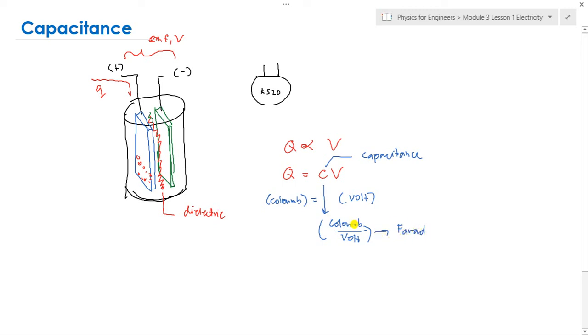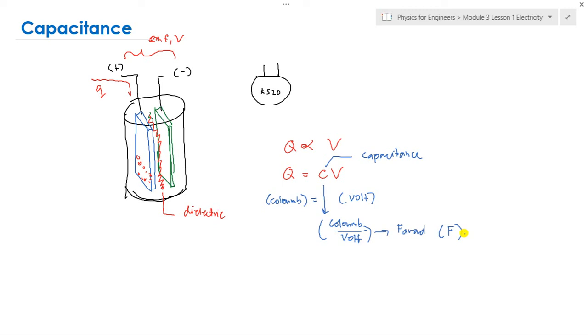So 1 farad is 1 coulomb per volt, abbreviated as F. There are many classes, but most of our capacitors are nano or micro, since a farad is very large. So mostly nanofarad, microfarad.